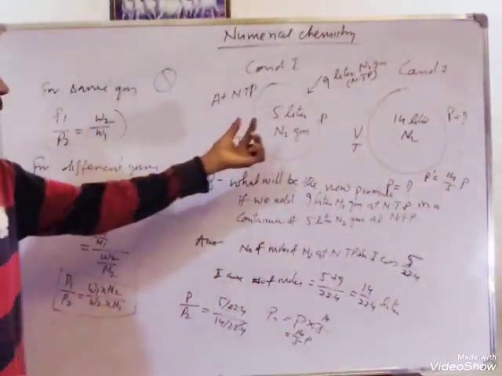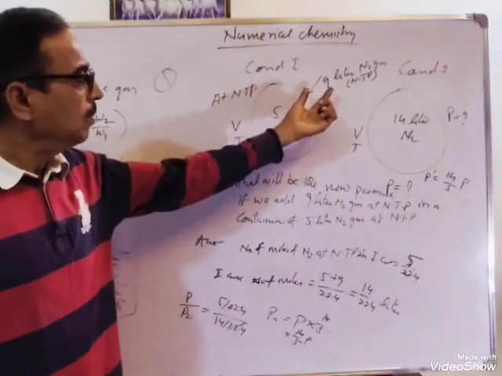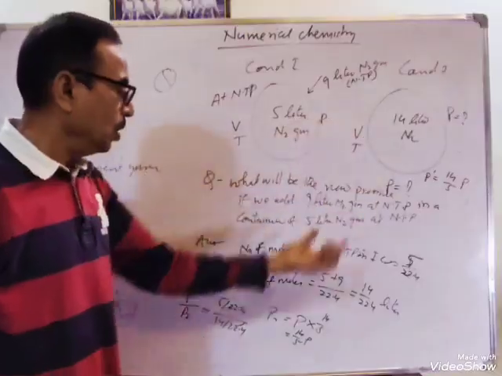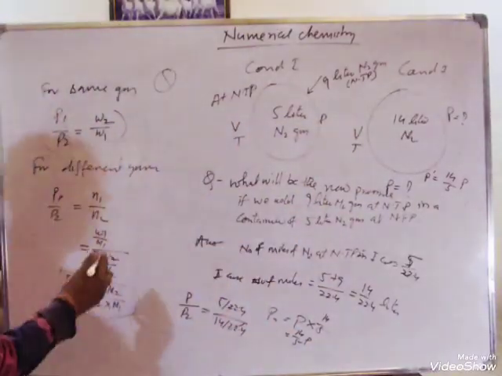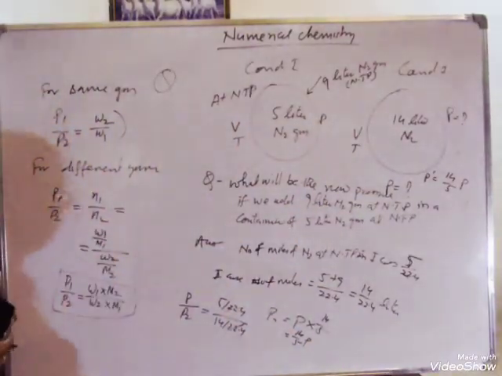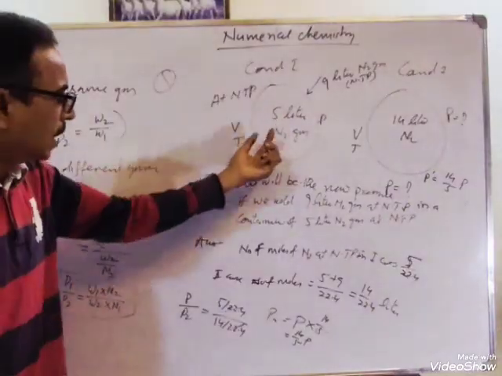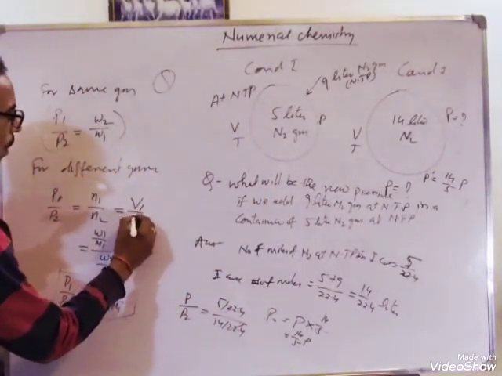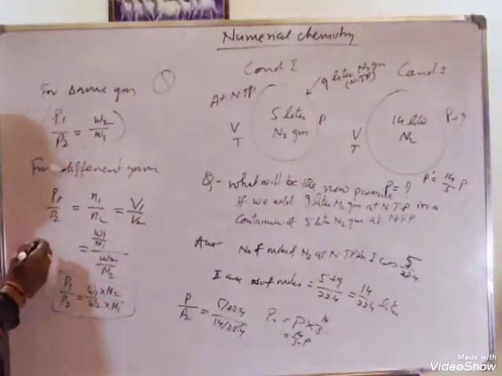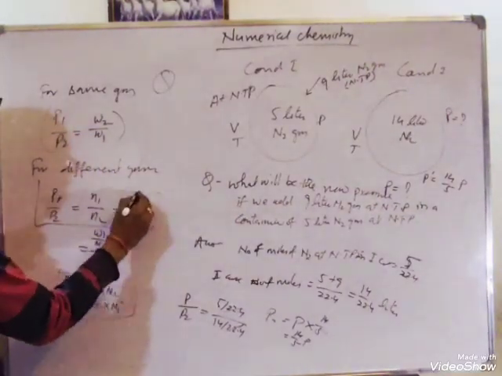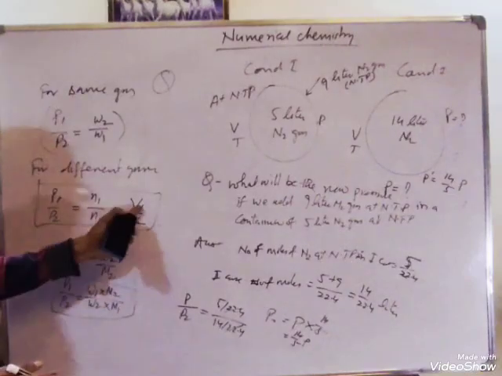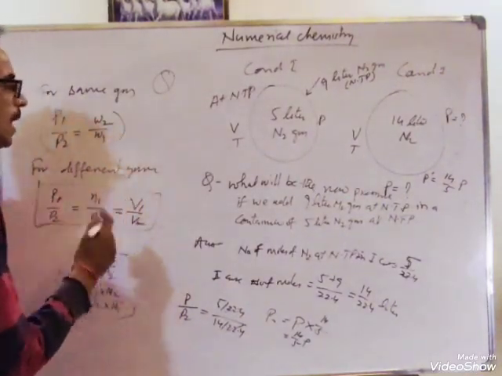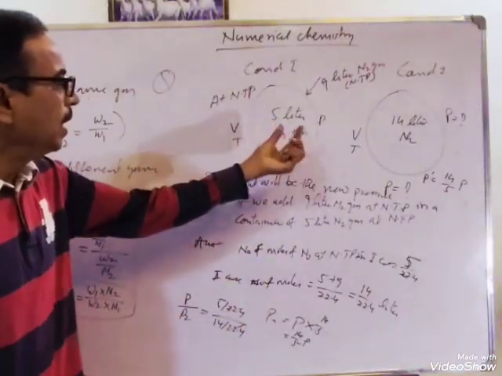So mole is directly proportional to the volume. You can see 5 by 14. So you derive a new formula. Mole is directly proportional to the volume, so V1 upon V2. In a certain condition, the volume in the first condition divided by the volume in the second condition, here volume is 5, here 14.